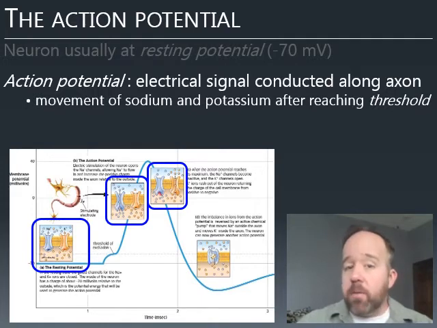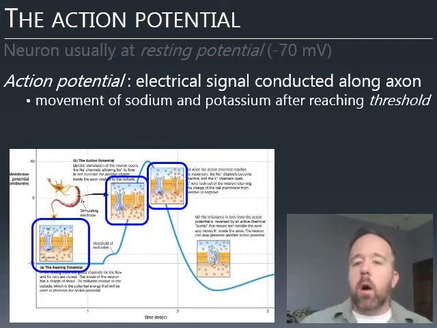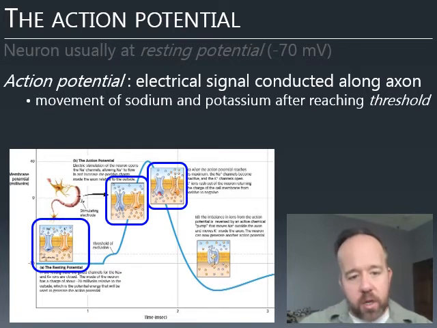That involves both our diffusion force, potassium going from where it's more common to where it's less common, and our electrostatic force, positive charge pushing potassium away. So both these forces are pushing potassium out, and that's what happens. And this is that downward going part of this curve.